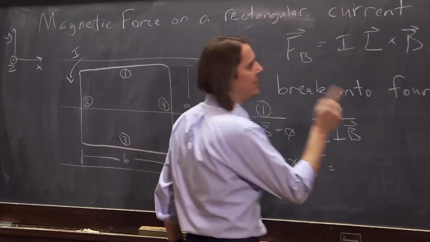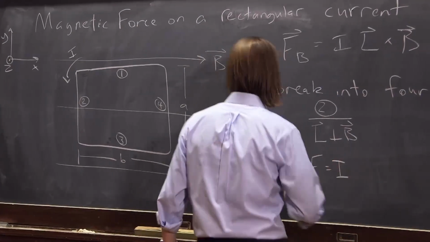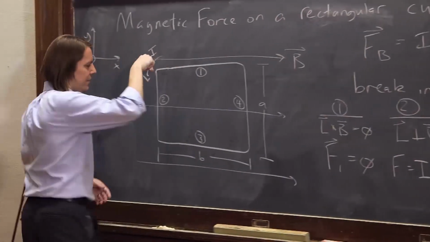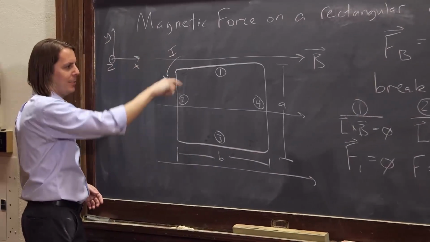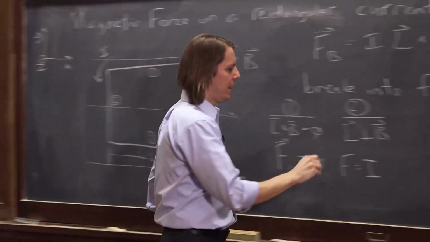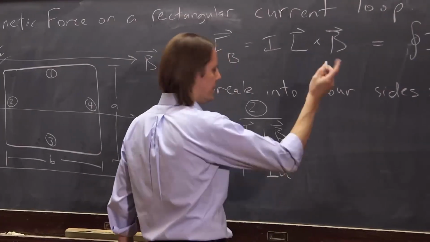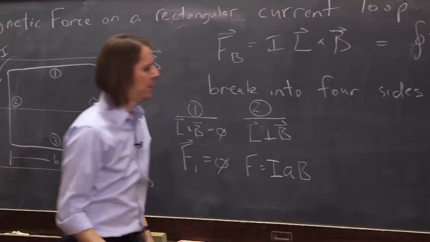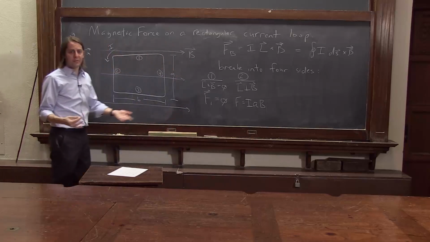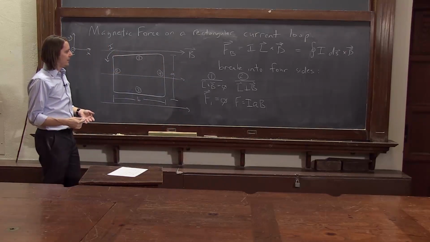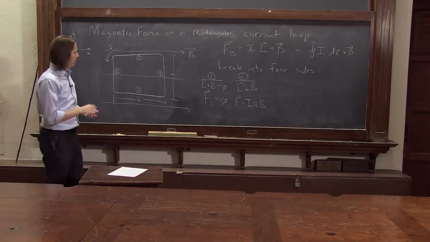It's going to be I times the L magnitude. The L magnitude is just A, the length of the vector, times B, times the sine of the angle between them. Well, sine of 90 is 1. And what is the direction? Well, we got to do the right-hand rule.